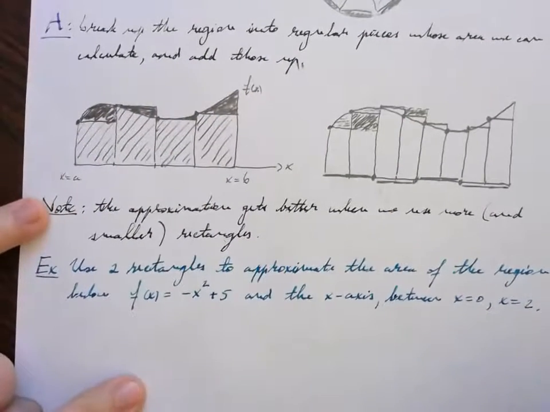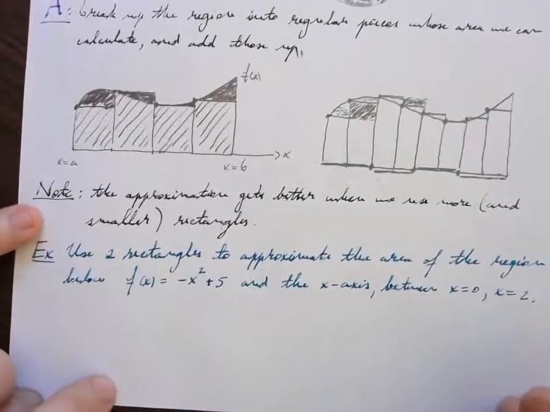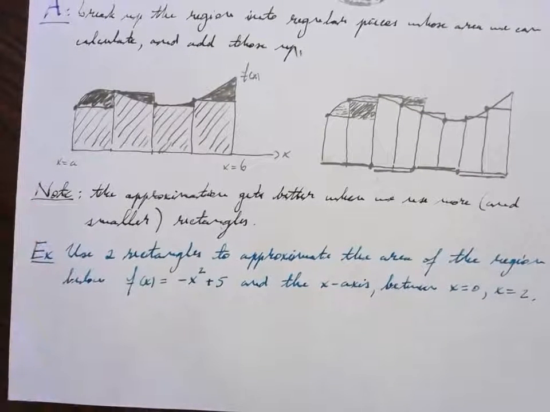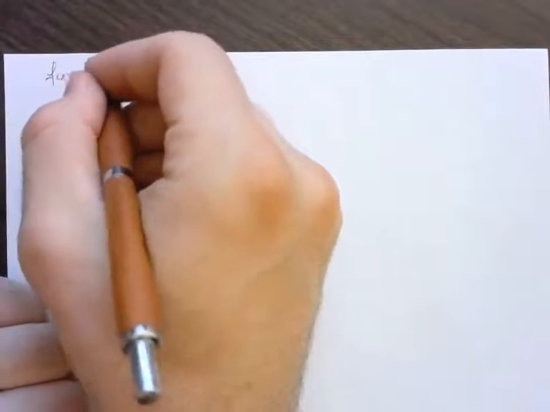Okay, so let me go ahead and draw the region that I'm talking about. I'm going to draw it on the other side of the page. So I have a parabola opening down that's shifted up 5 units, right? I have f of x equals negative x squared plus 5.